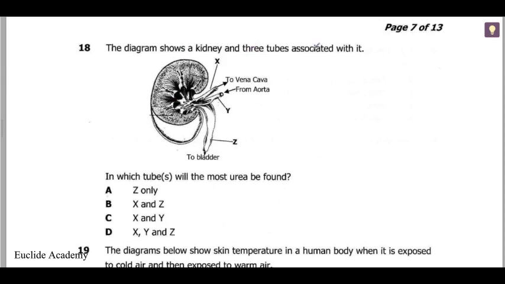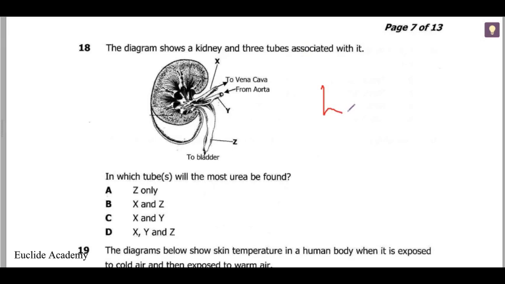18. The diagram shows a kidney and 3 tubes associated with it. Let's look at the image first. We've got X and Y vessel, and then the Z to vena cava from our aorta.